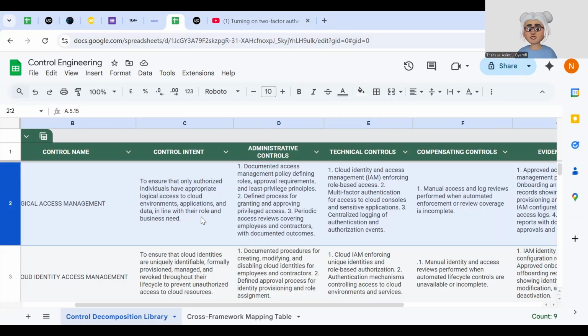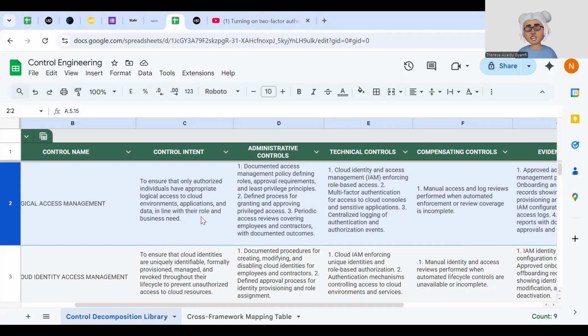So the first one is a documented access management policy defining rules, approval requirements, and least privilege principles, like I said before. The second one is a defined process for granting and approving privileged access. The third one is periodic access reviews covering employees and contractors with documented outcomes.